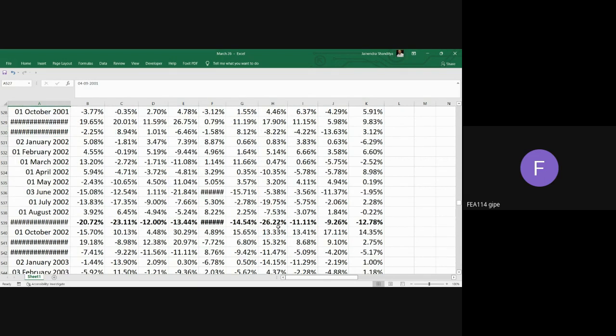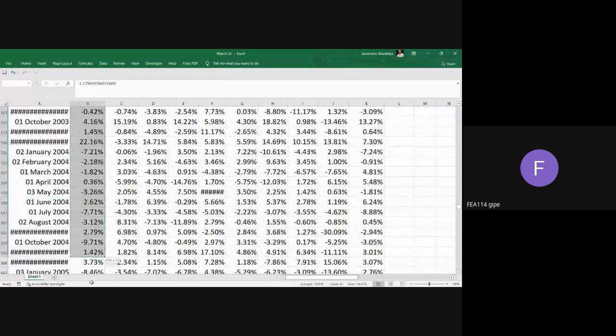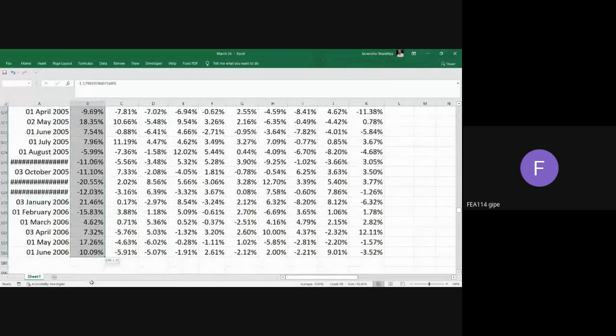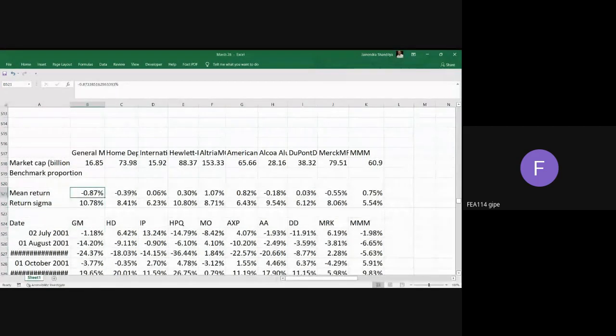Mean return is very easy. For example, if I take the cursor down all the way to the last return, it will show you the average is minus 0.87, which is what you are seeing here as mean return. So our mean return is calculated from this figure.